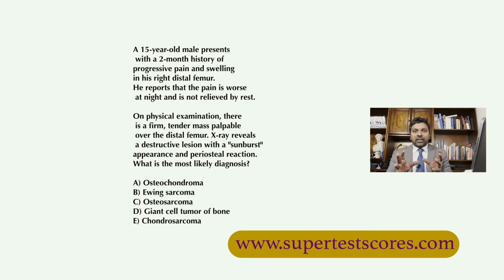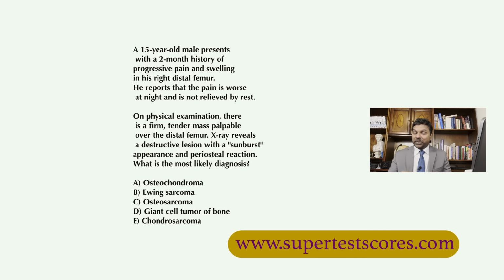So you can very easily imagine this scenario. This is an adolescent patient with a tumor in the distal femur. That is the most common location for osteosarcoma. By the way, osteosarcoma is also the most common primary bone tumor in children.